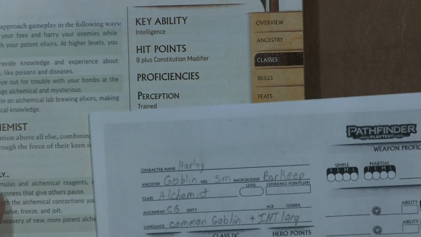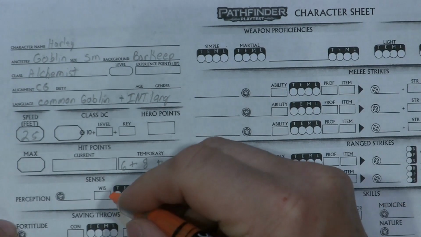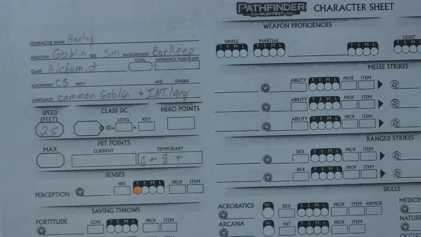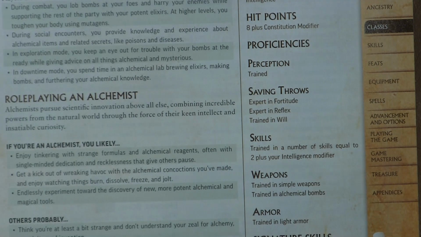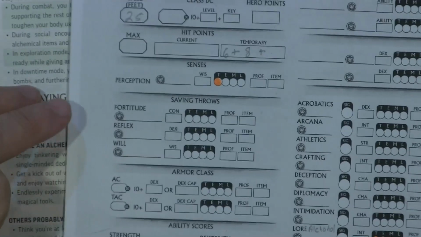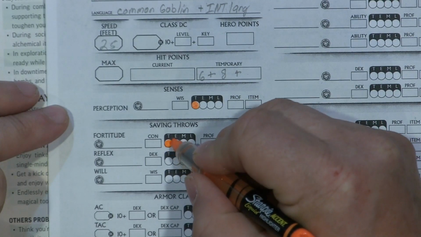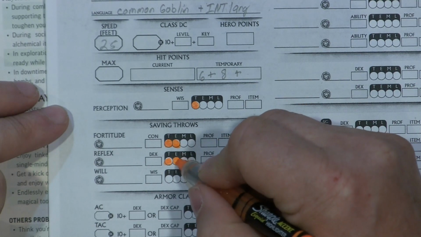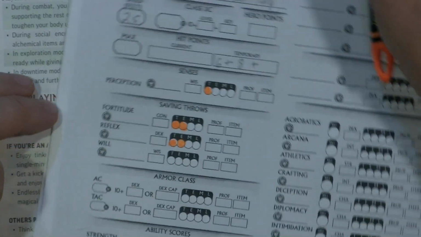Proficiencies are perception, so he's trained in perception. He's an expert in fortitude and an expert in reflex saves. So you're going to get the trained in both of those and the expert. And then trained in will.